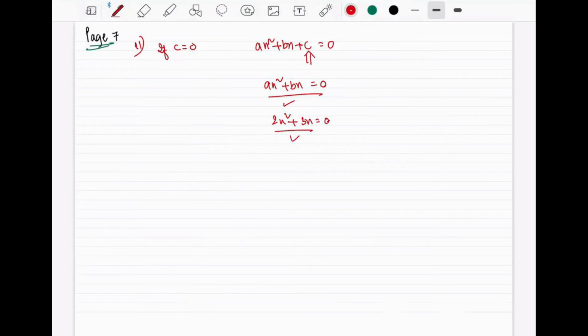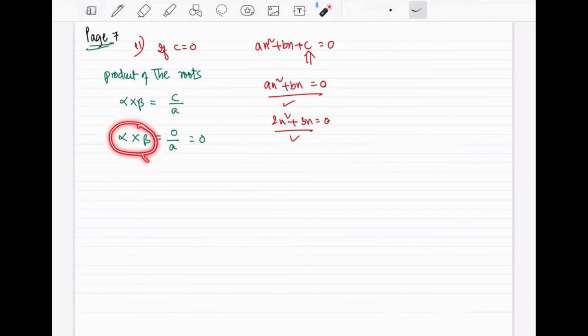If c is equal to 0, then the product of the roots, when you multiply alpha into beta, the formula is c by a. If c is equal to 0, the numerator is 0. So 0 by a, we are going to get 0. So alpha into beta is 0.